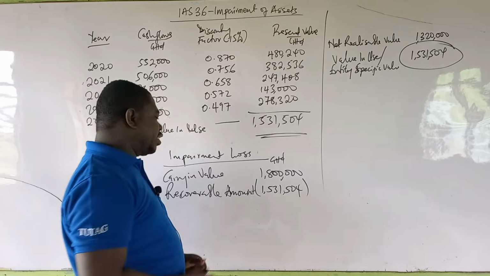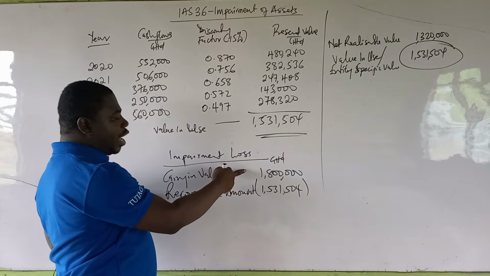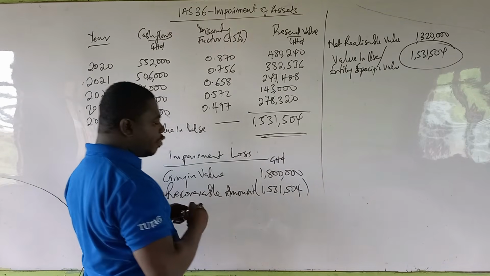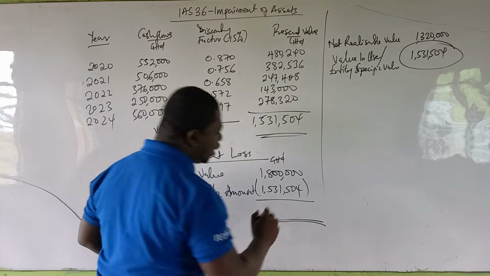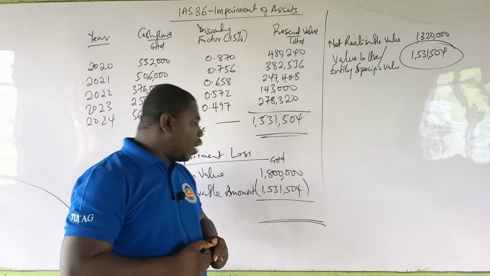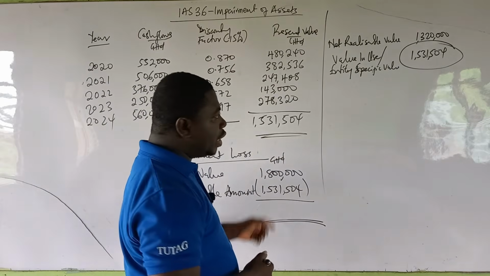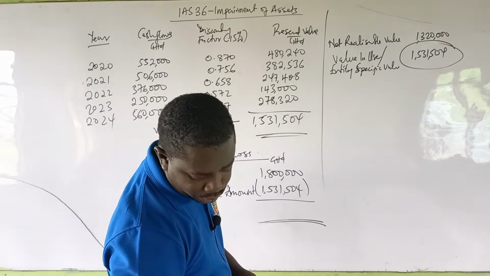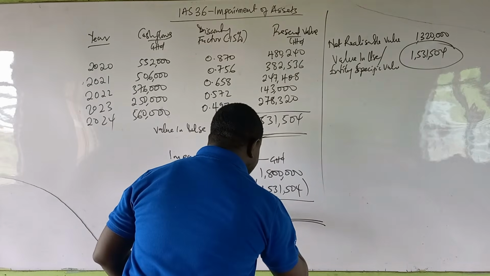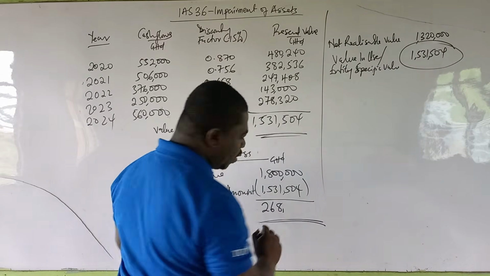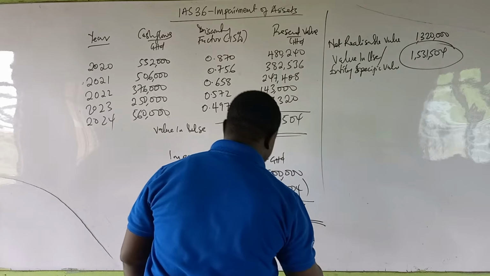And so impairment loss is the excess of the carrying value of an asset over its recoverable amount, as we have already explained in our previous video. And so once we take this out, we get the final value, which we call the impairment loss. And that is 268,496.